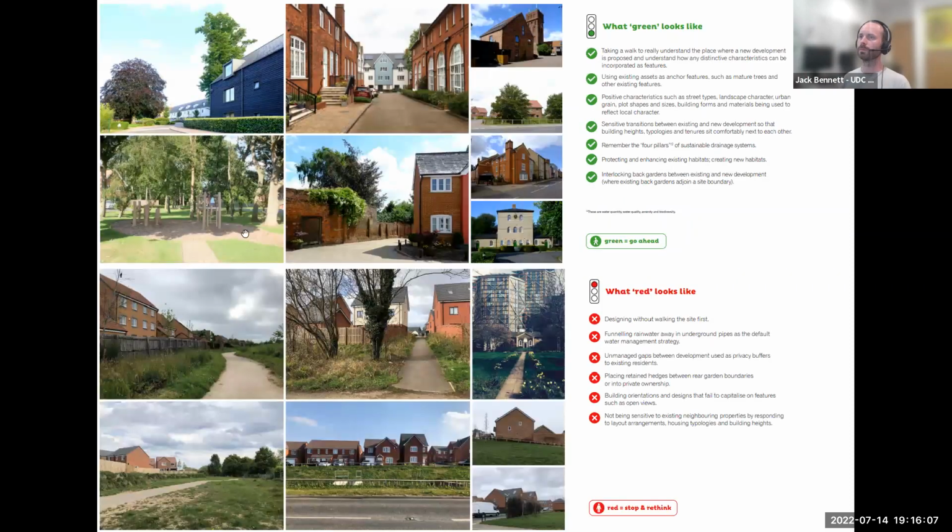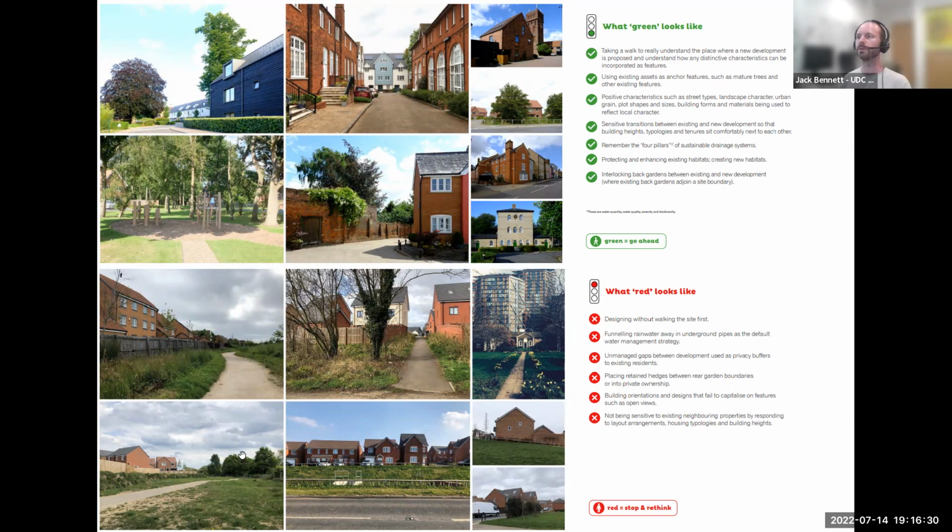This is the Council's Building for Healthy Life document, which is on our website, a material consideration. And we found a few places in Uttlesford that we thought represented examples of good design for various reasons. The document also has examples of what constitutes bad design. These are national examples.